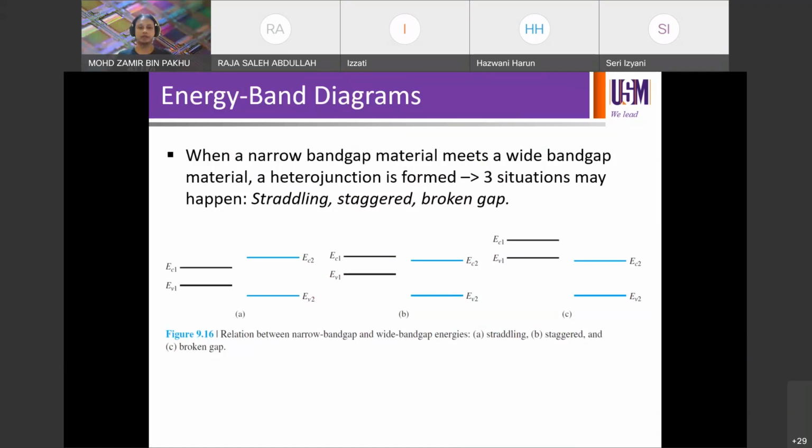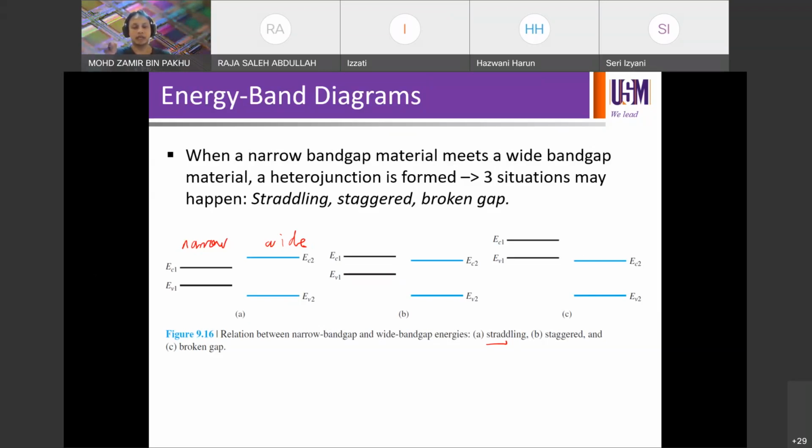For example, if you look at the straddling case, case A, straddling, sorry. So look at the band gap of the two different materials. On the left hand side, the black one is the narrow and the blue one is the wide, right? Narrow band gap, wide band gap. If you want to know whether they're going to end up as straddling or staggered or broken gap, we need to know the value of EC and EV of both materials.